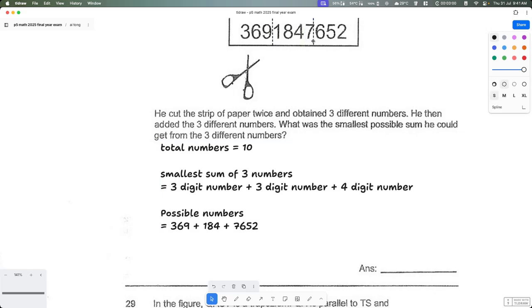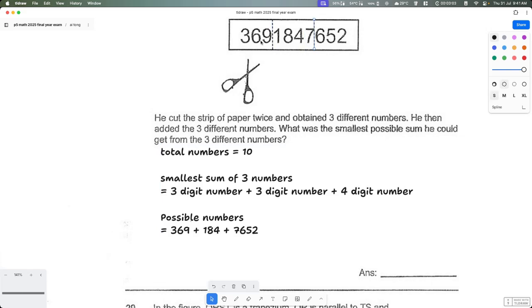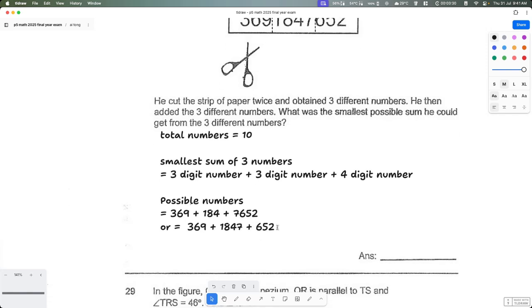Let's try this one. So instead we move the 7 to 6 over here. Okay, so possible numbers it is 369, same thing, 369, but this time it will look something like this: 1847 plus 652, or this.